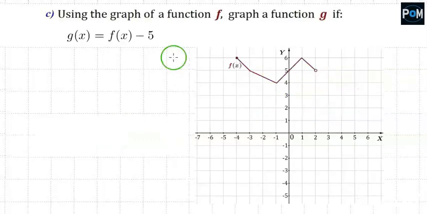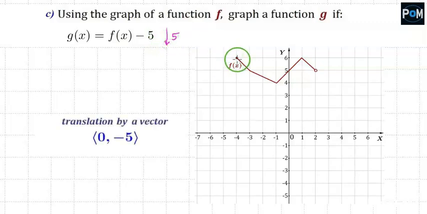In example C, we have function f, and we need to draw function g, which is described as follows. That is, compared to function f, we have to shift this graph vertically. And since it's minus 5, we'll go down as per the sign. Minus means down by 5 units. We move this point 5 units down and end up here.